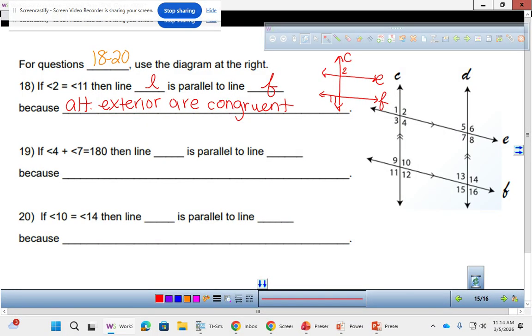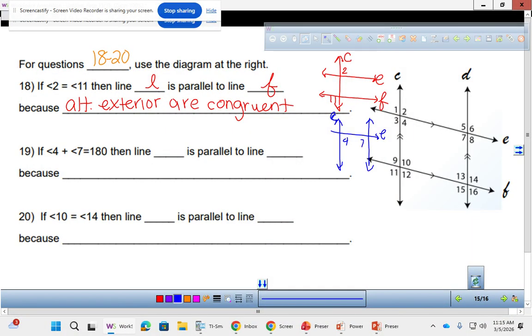I'm going to do that same thing for the next one, but I'm going to draw the picture that makes angle 4. So the lines that make angle 4 are E, or C, sorry, and E, and here's 4. And then angle 7 is from this line, and here's 7.